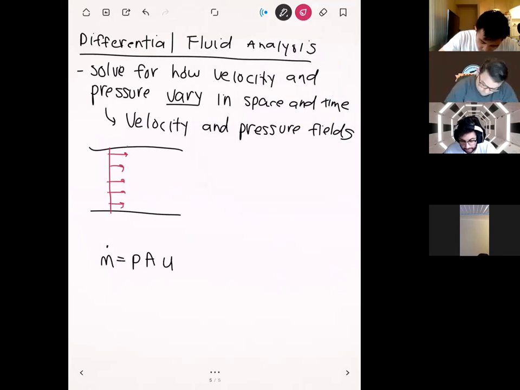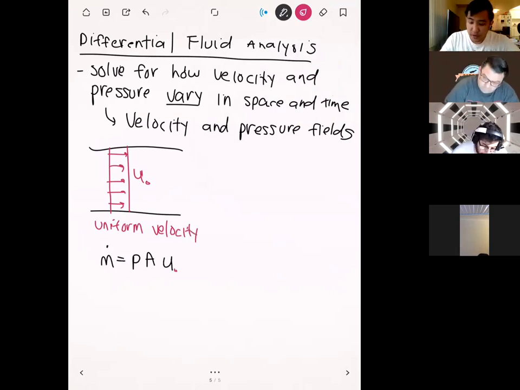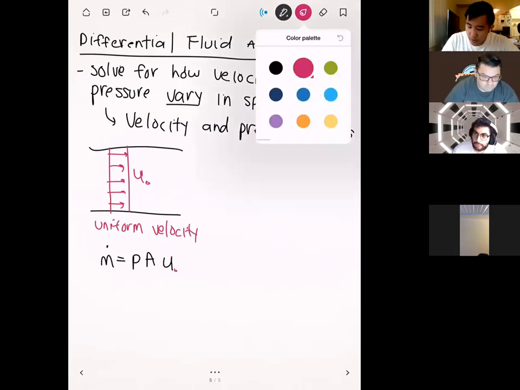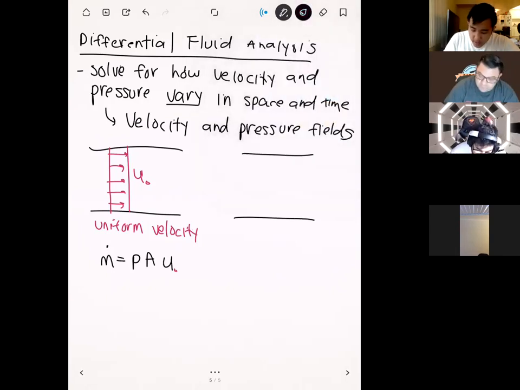Right? If we call this U naught right here, then we say that the fluid velocity across this entire cross section was the same. Or in other words, we had a uniform velocity profile. Which was really convenient because we didn't have to actually perform any integrals. We can just multiply things straight out.